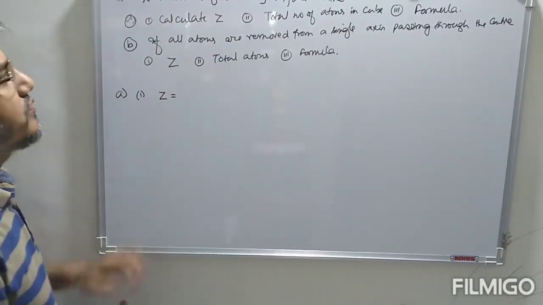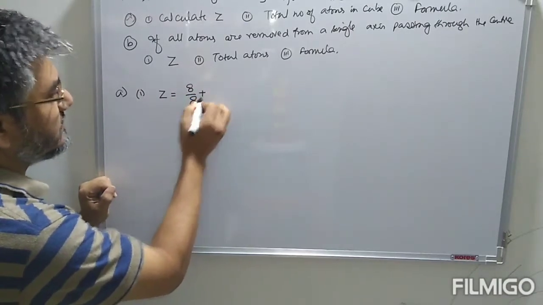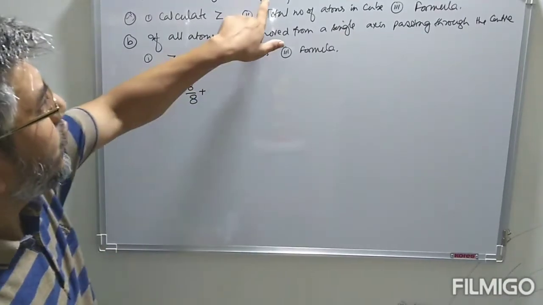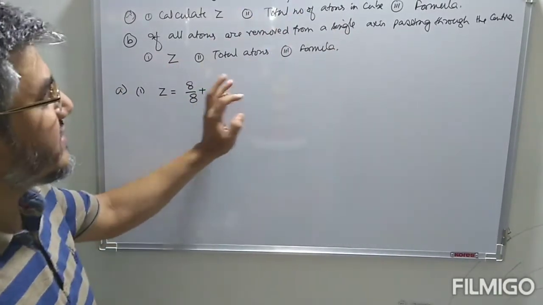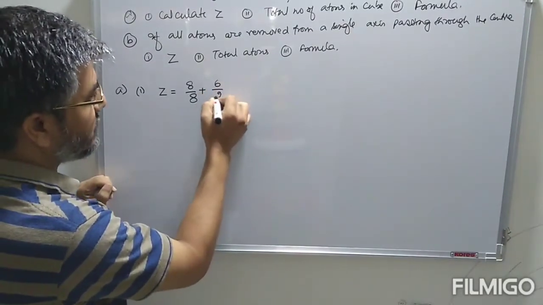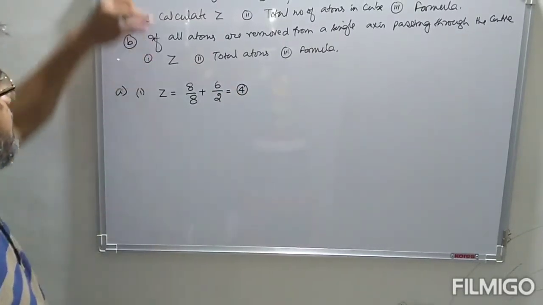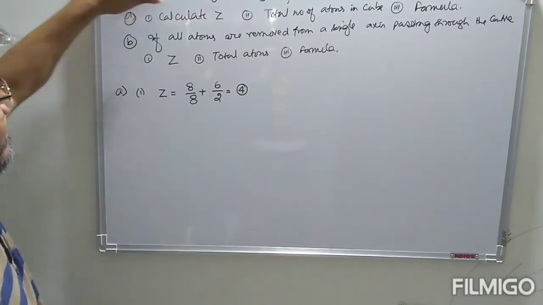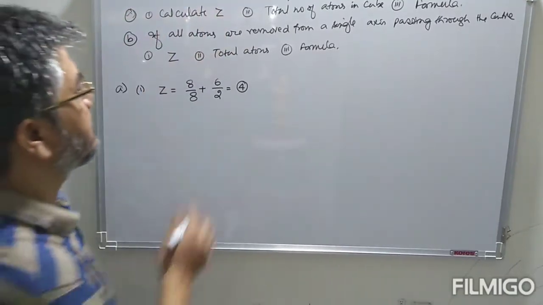In a cube there are 8 corners, so we have 8 by 8. Y occupies the face centers. In a cube there are total 6 faces and the contribution of each face is half. So we have 6 by 2. So that is 4. So for this first part, the effective number of atoms per unit cell is 4.